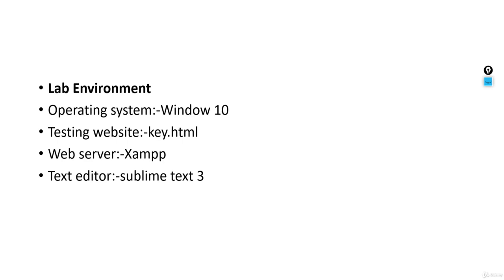We'll make one HTML file which will be the testing website, and we'll also make our JavaScript code, which will have the event that will be called, because we have already learned about events in the basic section of JavaScript. We'll use the onKeyPress event, which will record the keystroke made by the user on the keyboard and send it to the PHP file, which will write that keystroke to the file.